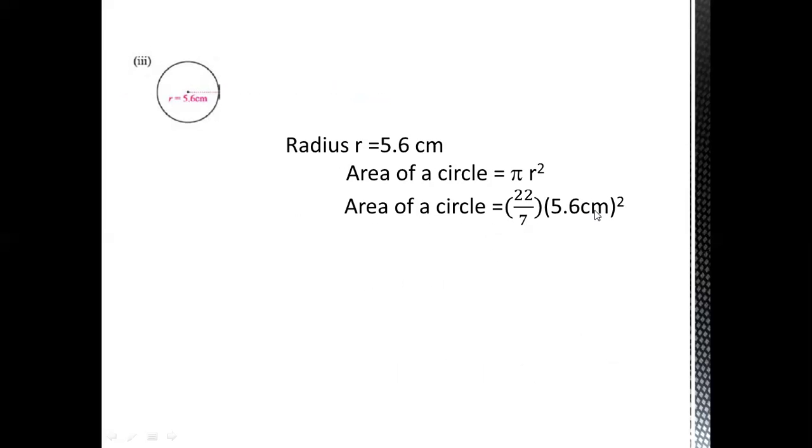So 5.6 centimeter whole square means that this square is present on 5.6 and also present on centimeter. So 5.6 multiply with 5.6 multiply with 22 and divide by 7. So we get 98.56 centimeter square. Clear?